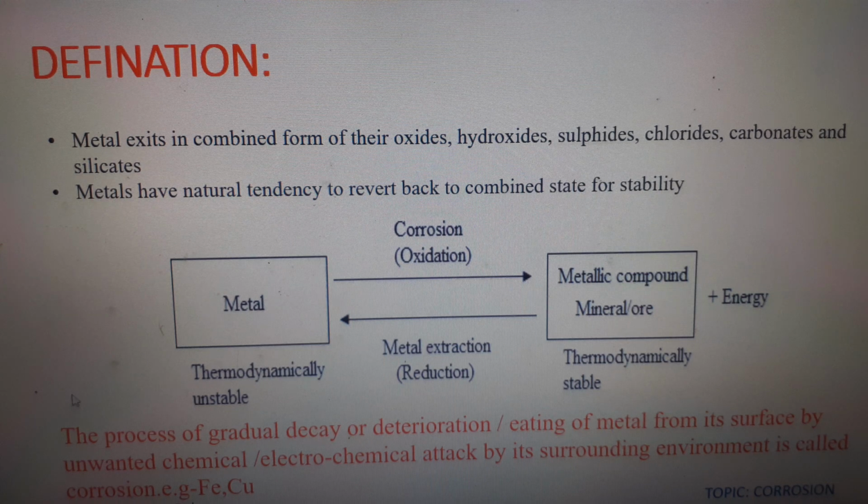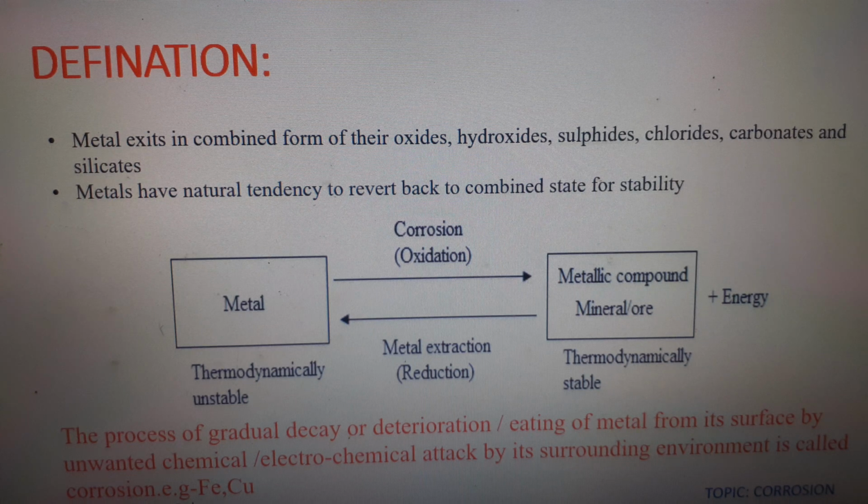So the definition given for corrosion is that it is a process of gradual decay or deterioration. As written here, gradual means it doesn't happen in a day, it is a slow process of decay or deterioration, or you can say the eating of metal from its surface by unwanted chemical or electrochemical attack by its surrounding environment, and it is called corrosion.